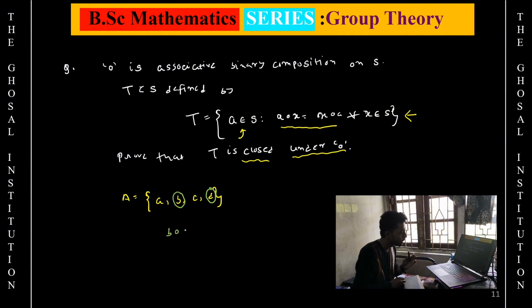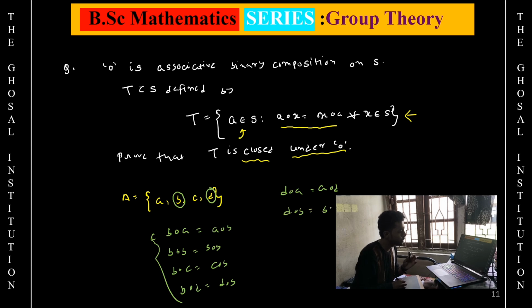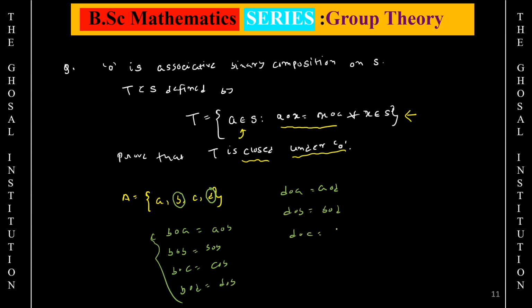It means B compose A equals A compose B, B compose B equals B compose B, B compose C equals C compose B, and B compose D equals D compose B. Similarly, D compose A equals A compose D, D compose B equals B compose D, D compose C equals C compose D, and a self element always commutes, so D compose D equals D compose D. It means B and D belong to T.